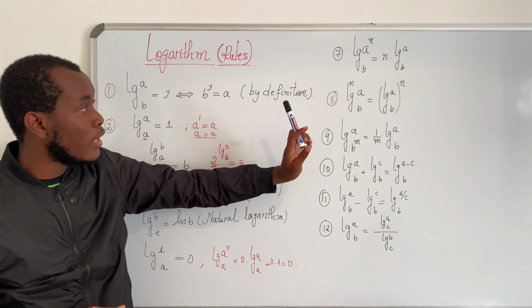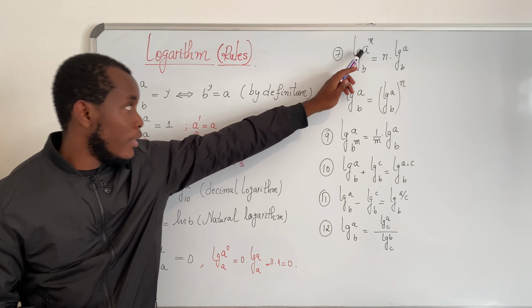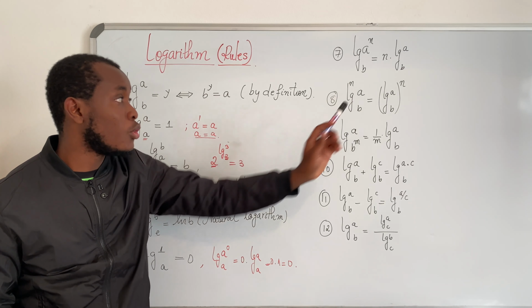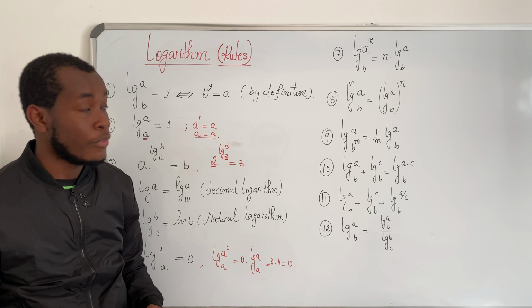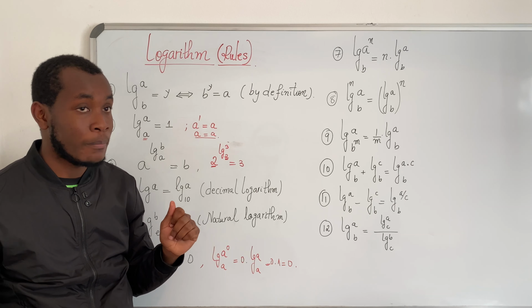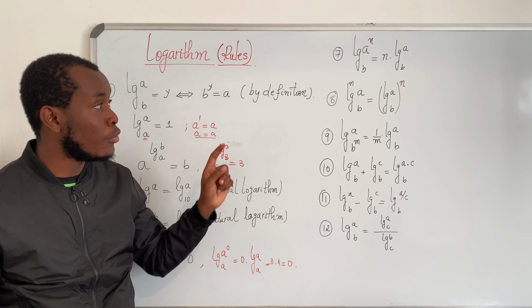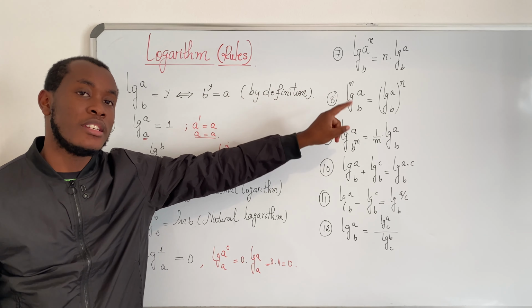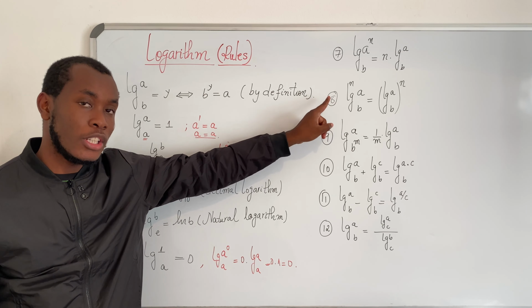No, those rules are totally different. Here n is the exponent of the argument, here n is the exponent of the log, which is different. When n is the exponent of the argument, you can send it to the front multiplying. But if it's the exponent of the log, you have to say the whole log to the power n, because n is the exponent of the log.